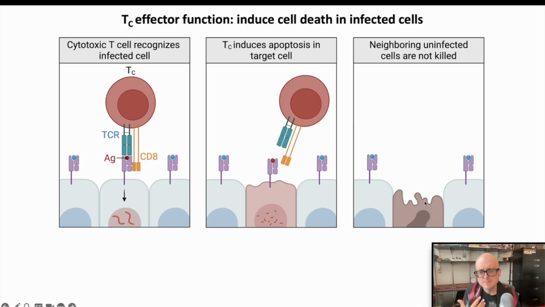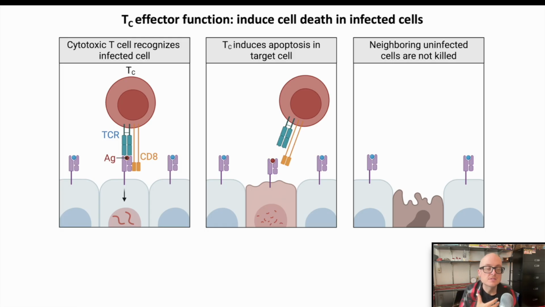And this is important because generally cell death is a pretty good strategy for stopping an infection in its tracks. Infections tend to, especially an intracellular infection, that pathogen is using the resources of the infected cell. It's using its metabolism.